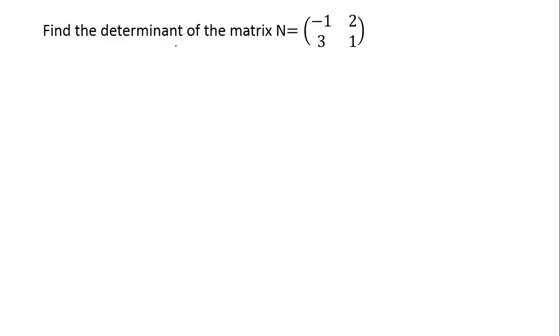So we are given a question here to find the determinant of a matrix N, which is negative 1, 2, 3, and 1. So what are we going to do? We are going to get negative 1 times 1, minus 3 times 2.